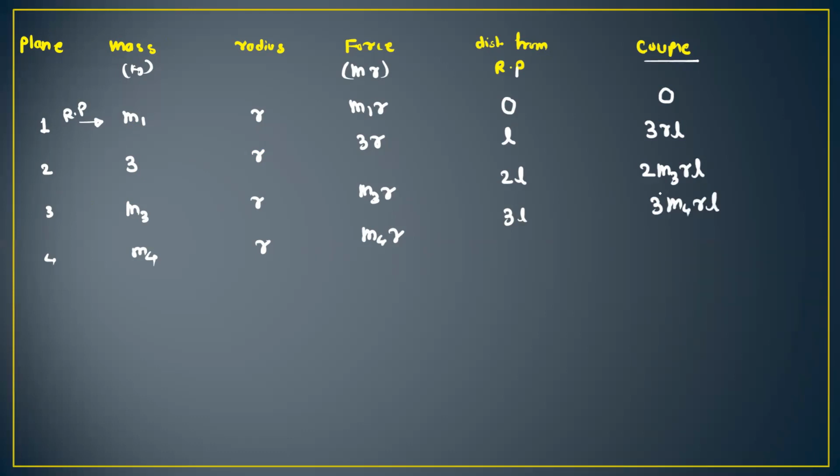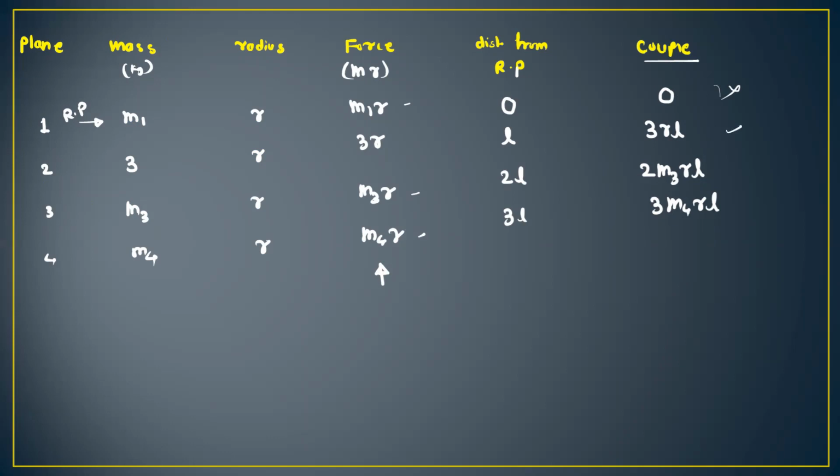Okay. So if you refer to the force column, in the force column this m1 is unknown, m3 and m4 are unknown values. And if you refer to the couple column, this is directly 0, so just neglect this vector. 3RL is a known value.